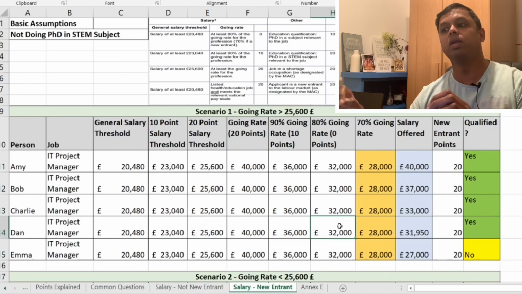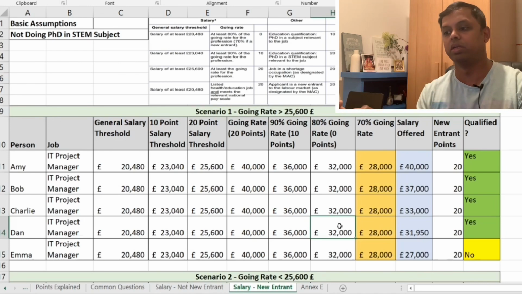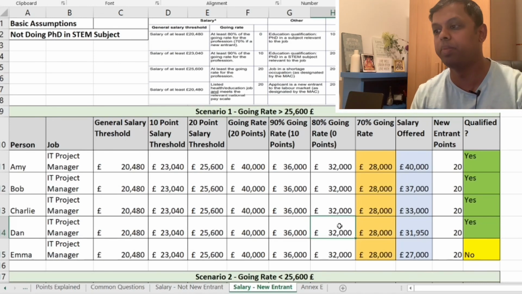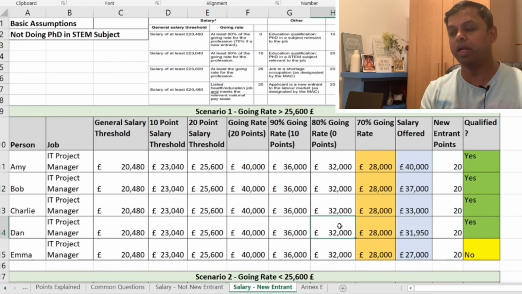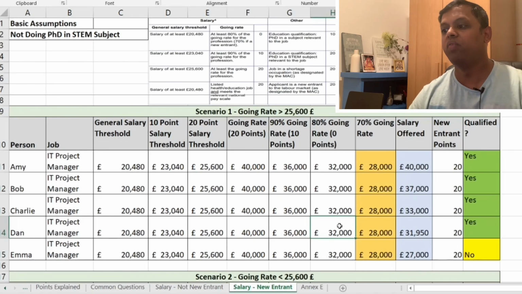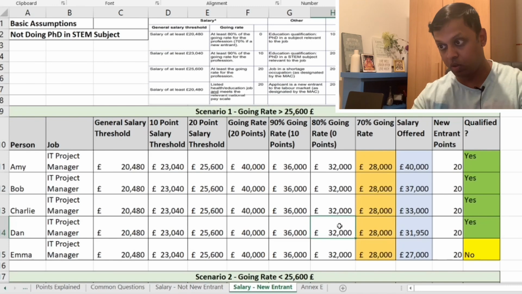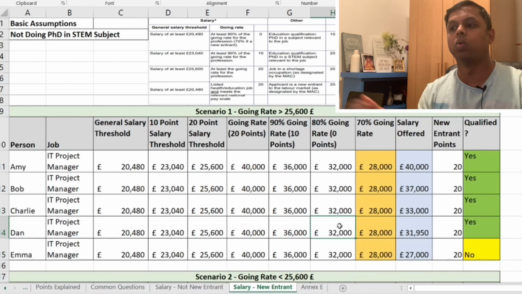So even if you get to 71%, like even if you get 28,100 pounds, you still qualify and you still get the 20 points and you still get the visa. The only scenario where you will not get the visa is when your salary is below the 70%. So for example, the 27,000 pounds salary, you will not get it because it's less than the 70% of the going rate, regardless of whether you're a new entrant, because you don't meet the minimum salary threshold of the 70% going rate, you won't qualify.